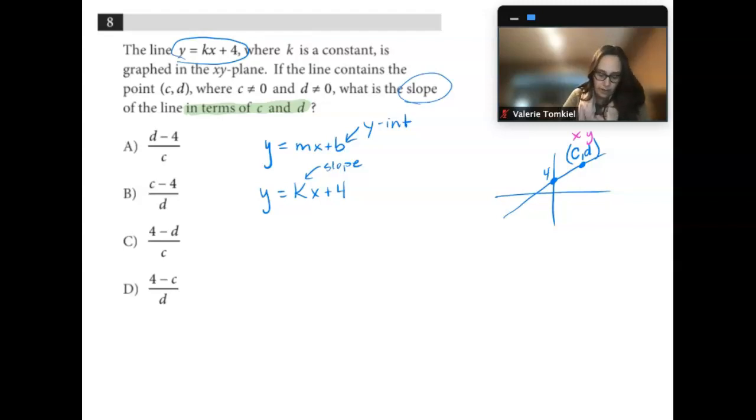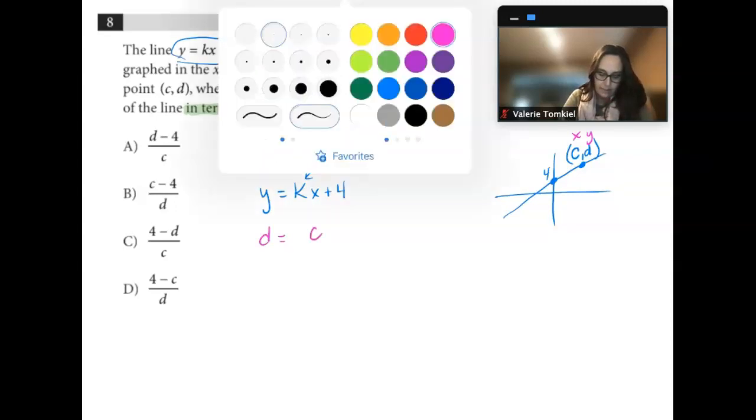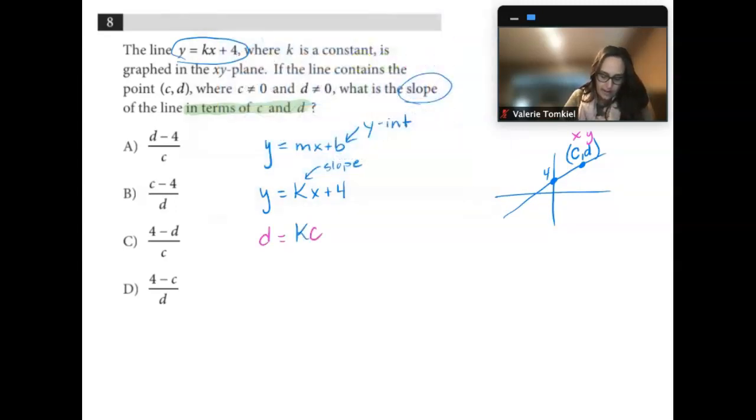So I can substitute in d for the y and c for the x, and I still have my k and my 4. Since I'm asked to look for the slope, remember slope is just the k value, m or k.